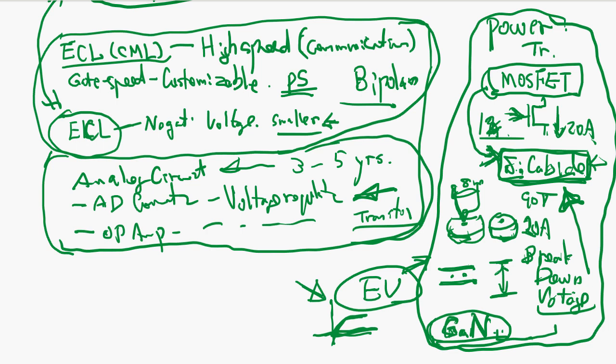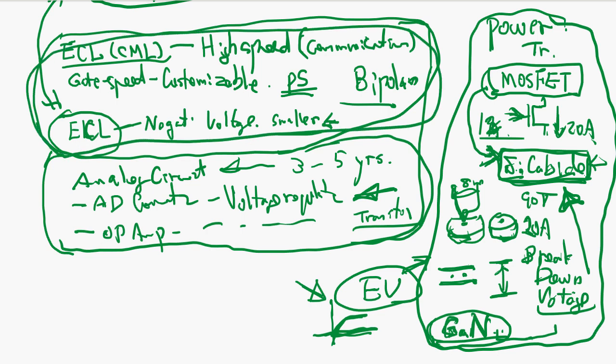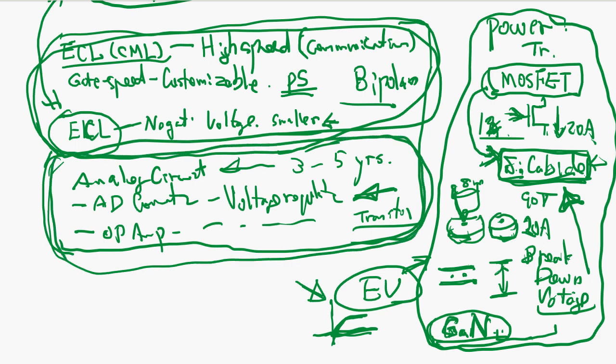Okay, so we talk about that maybe later, but today we talk about ECL, high speed, how you make a high speed logic gate using ECL circuit technology. And next video we introduce some analog circuits.